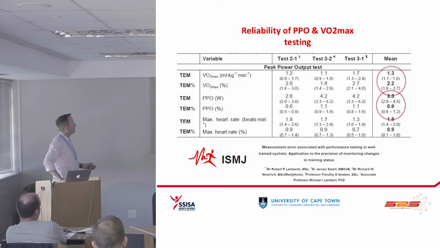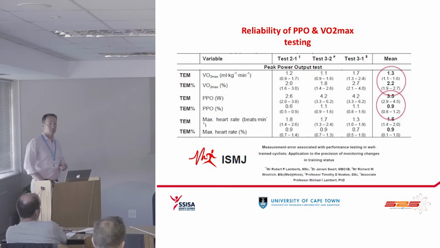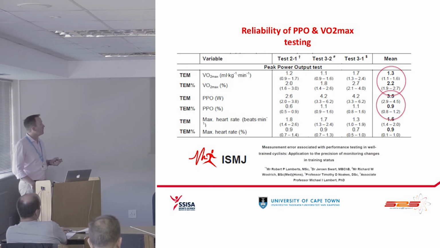And if you look here, this is a table from that paper. You can see that we had a VO2 max test reliability of 1.3 milliliters per kilogram per minute, and that translates to about 2.2% difference in tests, which is actually quite reliable in terms of testing a human being.